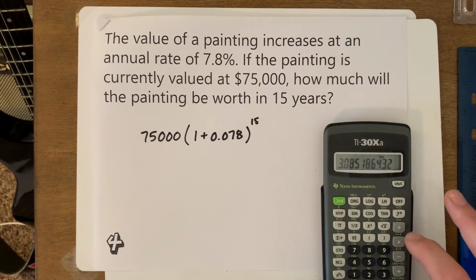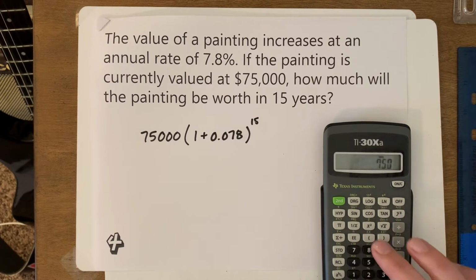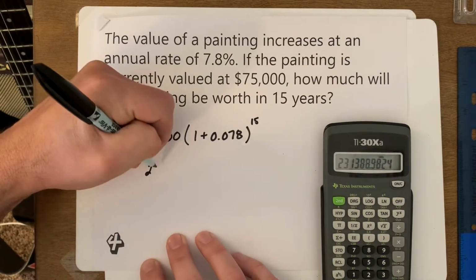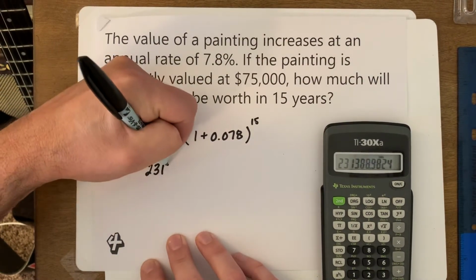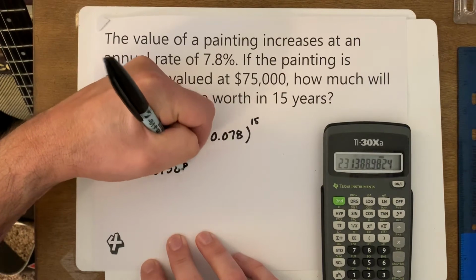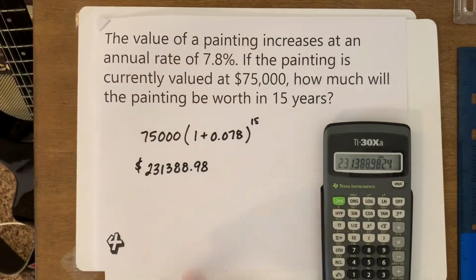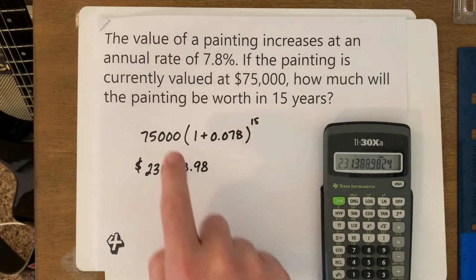Yep, that's it. Times 75,000, and it looks like we have 231,388.98, and that would be a lot of money in 15 years, starting with just 75,000.